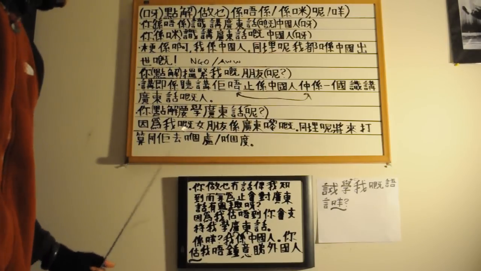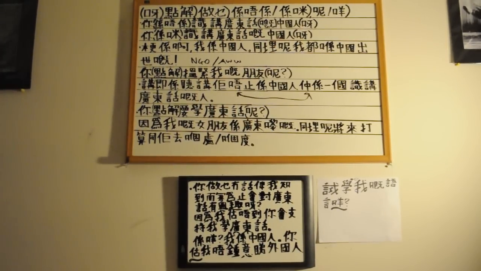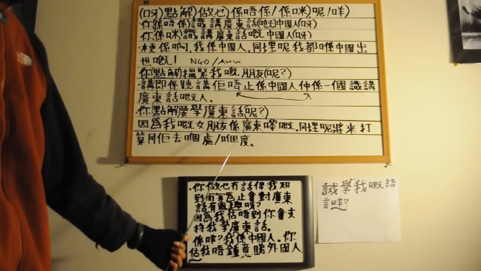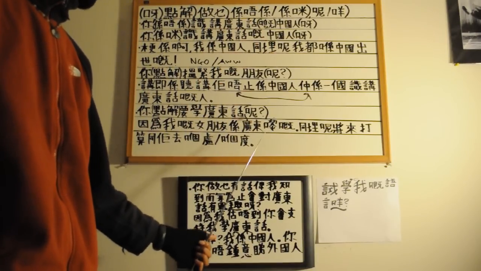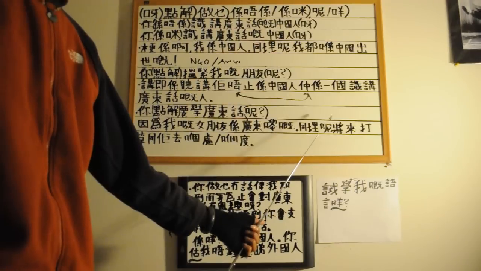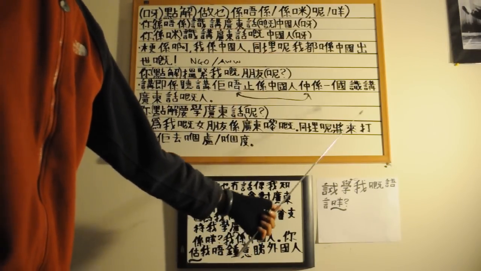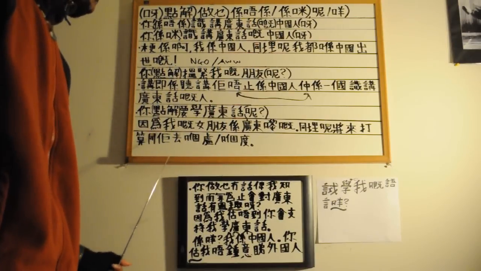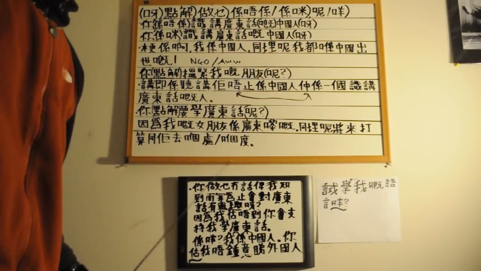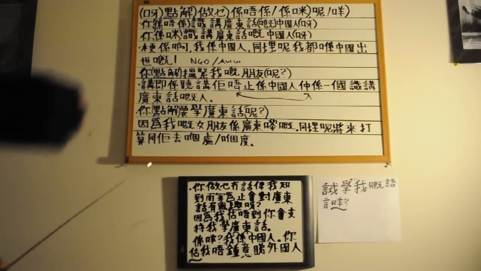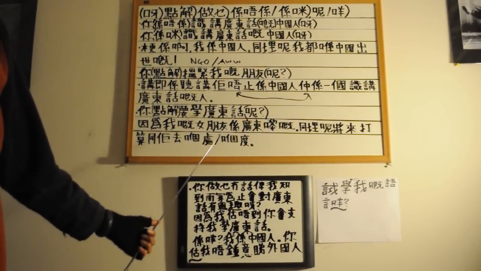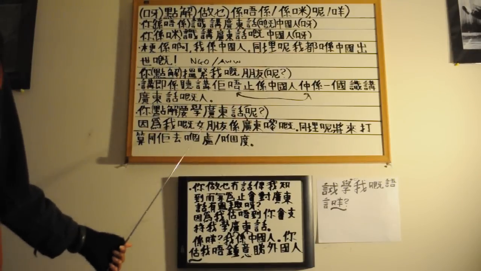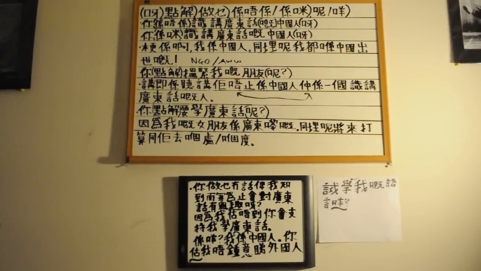Okay, so what's our response? 因為我嘅女朋友係廣東嚟嘅，同埋呢，將來打算同佢去讀書 or 嗰度.